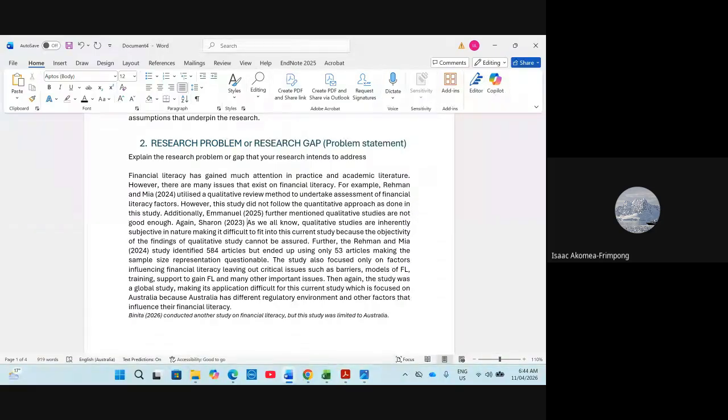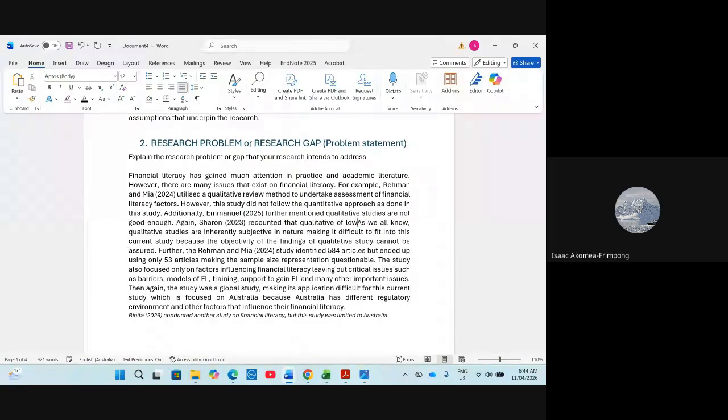So I say again, Sharon 2023 stated or recounted that qualitative studies are of low quality. I'm just saying, I'm not saying that. So that's the first part. Then the second gap, which has to do with what? The method, is it a methodology or something?